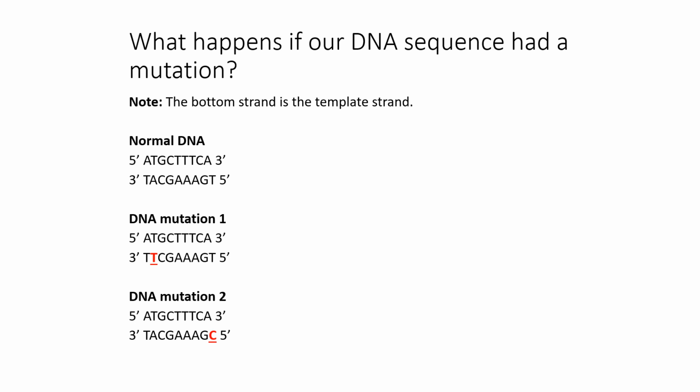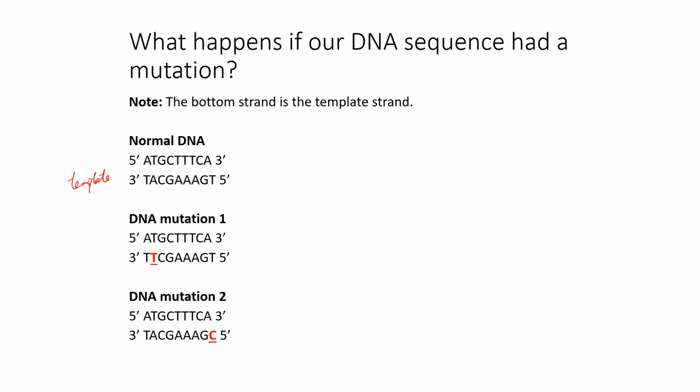Again, you can see the anti-parallel strands of the double helix, 5' to 3', 3' to 5', and that the nitrogenous bases are complementary to each other. It says here that the bottom strand is the template strand. So let's just make sure we are aware of this. And we know that the template strand specifically is being read by the RNA polymerase, not the coding strand.